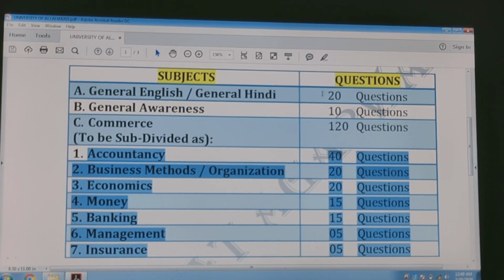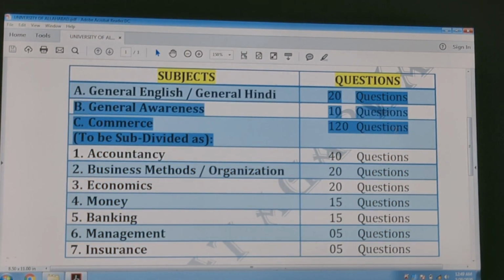So in all, 20 plus 10 plus 120, that is 150 questions will be totally coming in the exams.